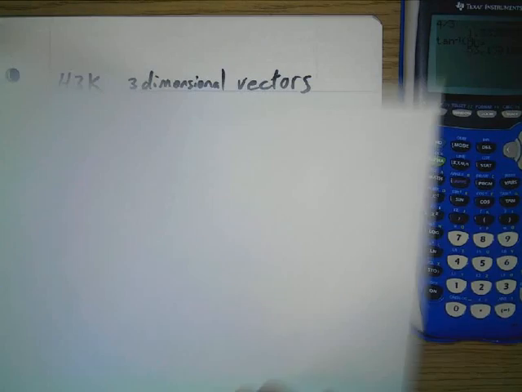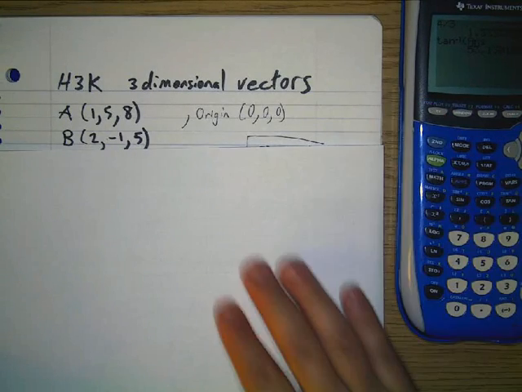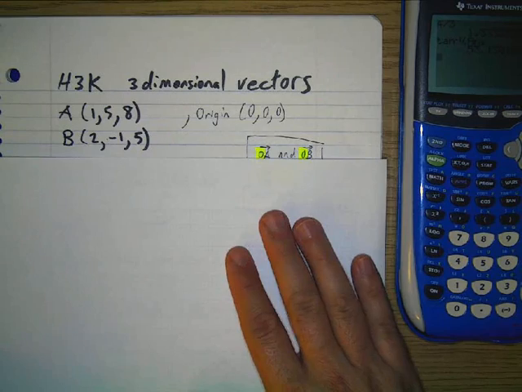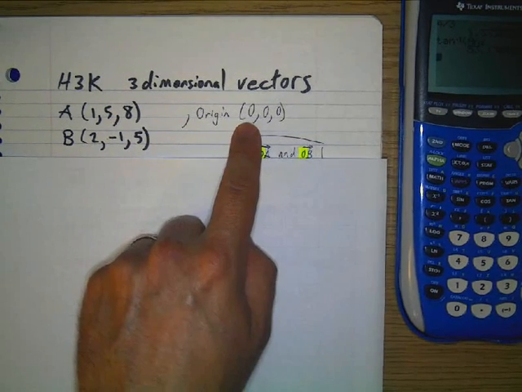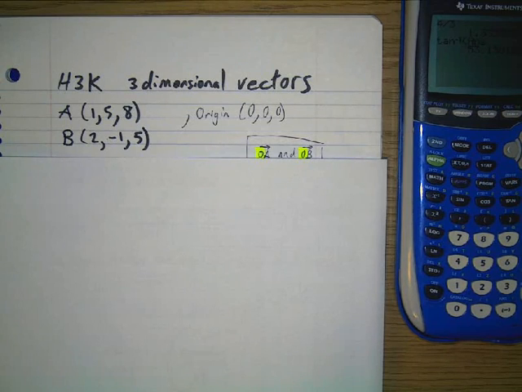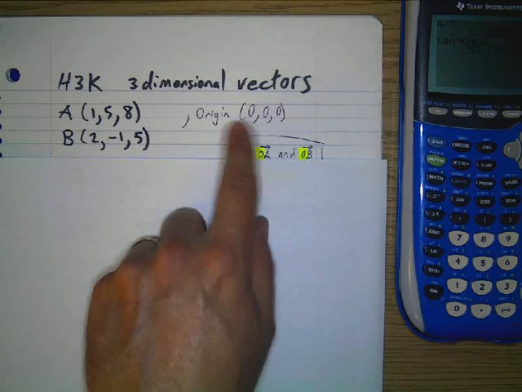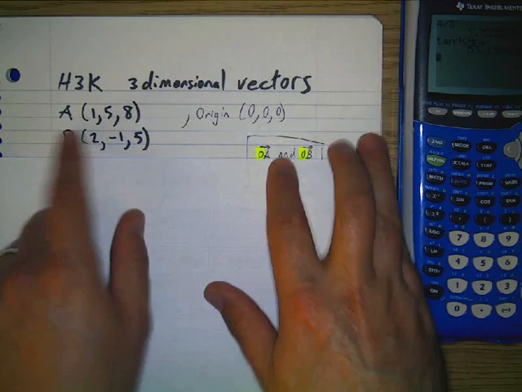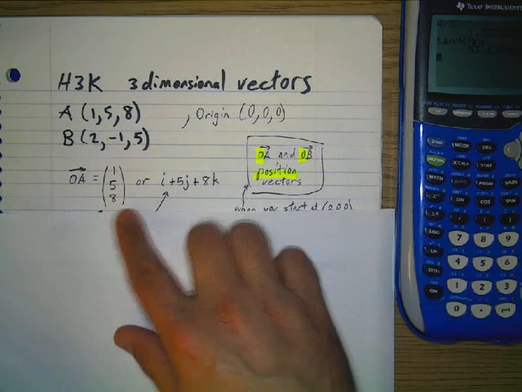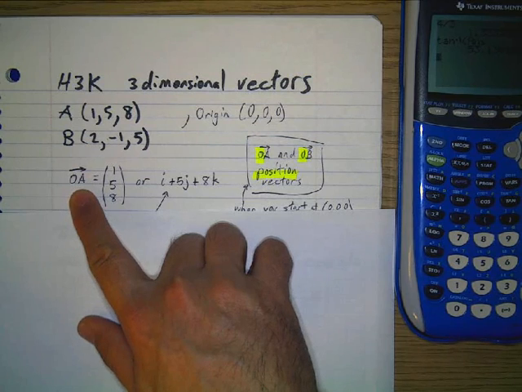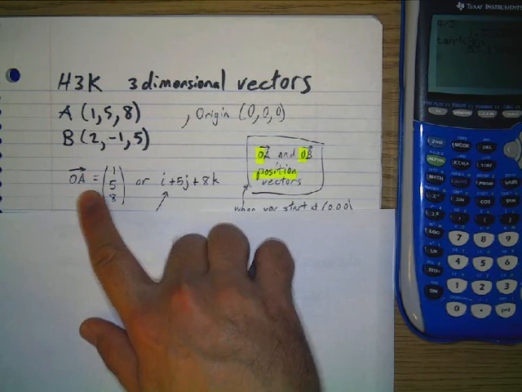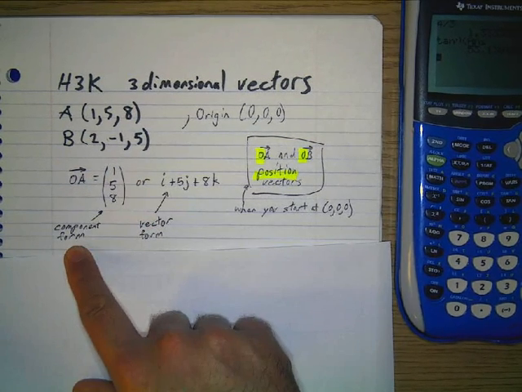Now we're going to talk about H3K, three-dimensional vectors. So as we've talked about before, 0, 0 is the origin, right? And so if I want to talk about the vector going from the origin to A, I could write it like this, and this is called component form.